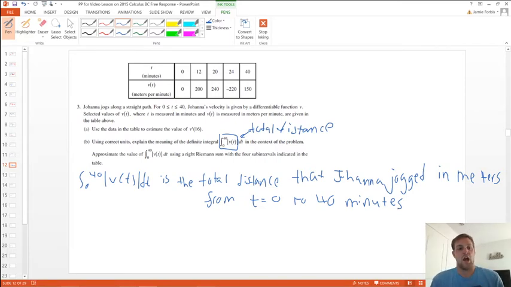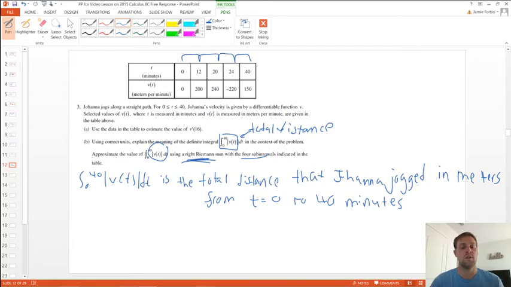Yeah. All right. And now the second part of part B says, well, okay, we know what it means. Now we're going to approximate this value using a right Riemann sum with 4 subintervals indicated in the table. See, that works out because we got 1, 2, 3, 4 rectangles there. Now, here's the only difference: whenever we've done right Riemann sums, we've never done it with absolute value before.